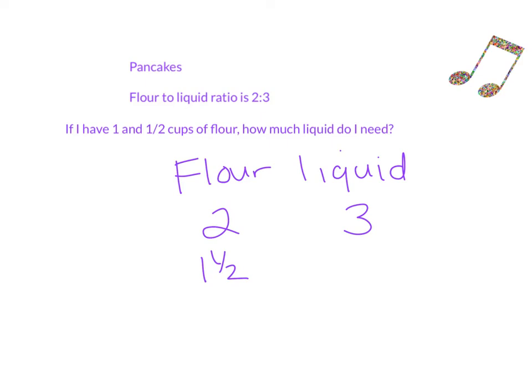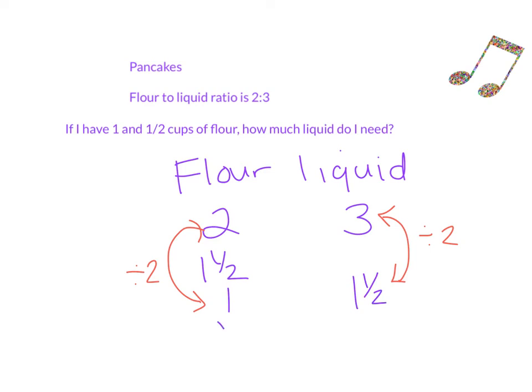So I'm going to try and look for something a little bit easier. I've had 1 cup of flour. Well, that's half as much as I started with. So if I had 1 cup of flour, I'd need half the amount of liquid as well. So I'd need 1.5 cups of liquid.